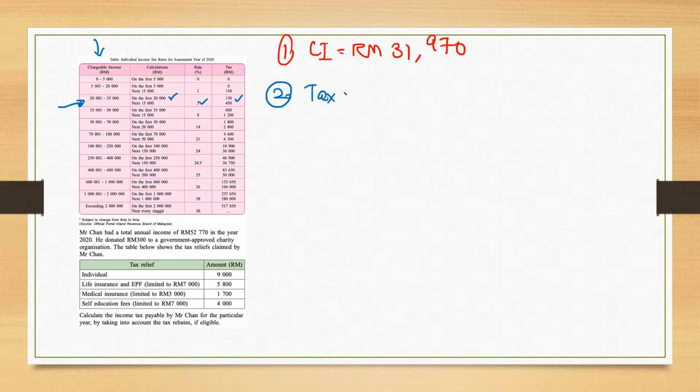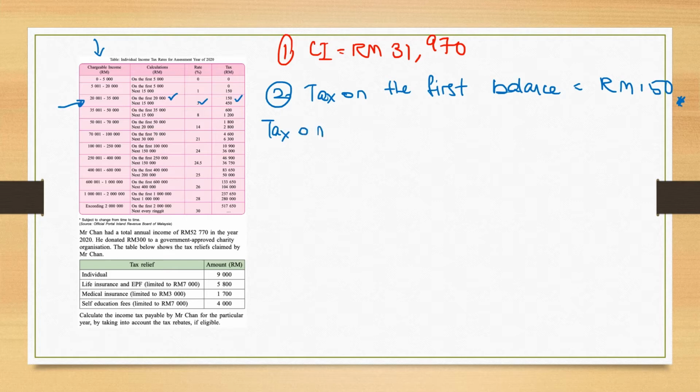Tax on the first balance would be, as you can see here, RM 150 ringgit. Okay, tax on the next balance, this is a calculation you need to be aware of, so follow accordingly.